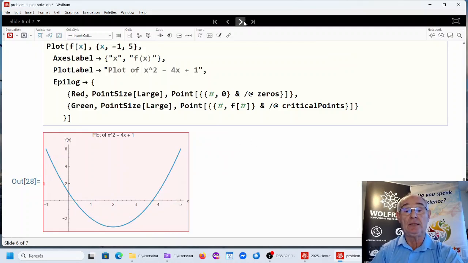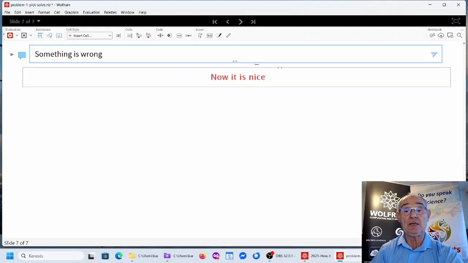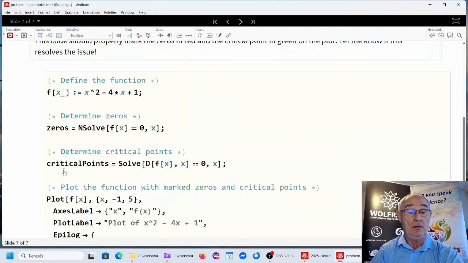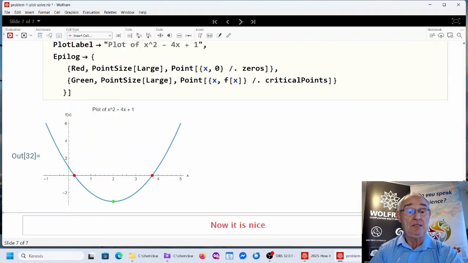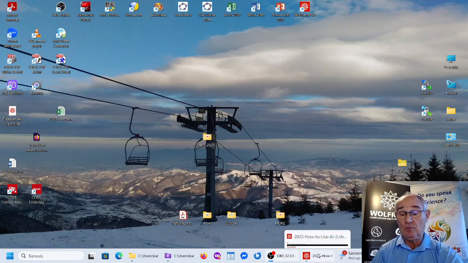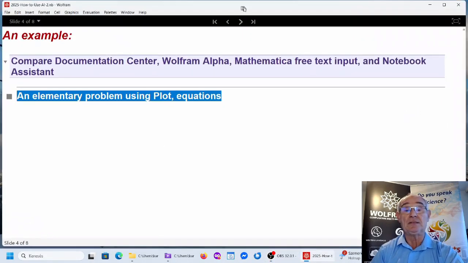I noticed something is wrong. The assistant realized that something is wrong and corrected it. This is the result. That is pretty much the same as I did before, but I didn't have to write any code now. And now we can consider more complicated examples.